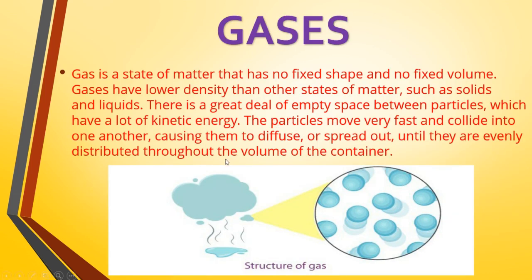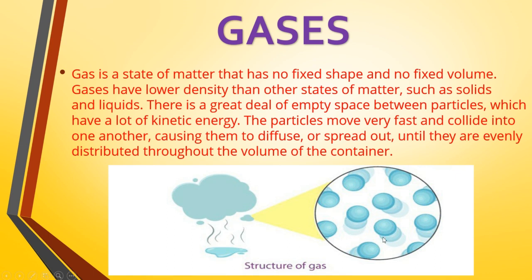So gas is a state of matter that has no fixed shape and no fixed volume. These molecules don't have any fixed shape or fixed volume. For example, we store oxygen in this crisis period which we are facing presently, and a huge number of oxygen cylinders are being transported from oxygen plants to hospitals.